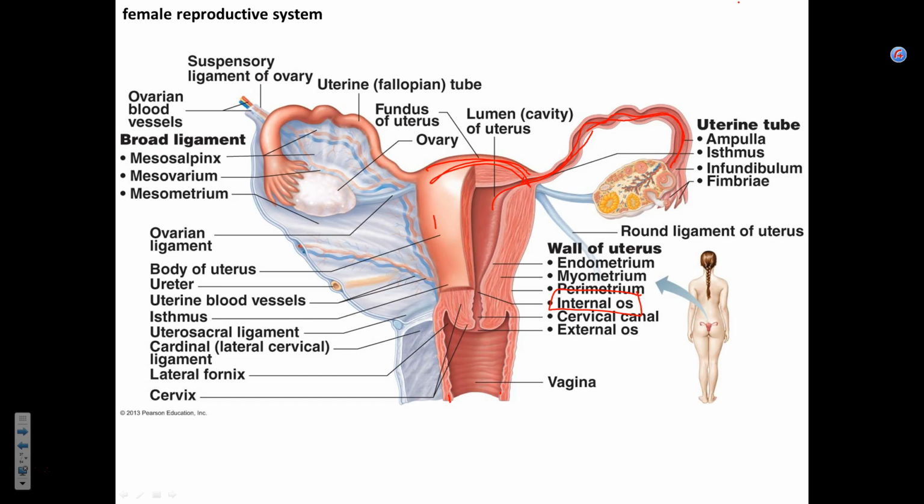Basically, whether it's an unfertilized oocyte or a fertilized ovum, they all end up in the uterus. If it's a fertilized ovum, it implants in the wall of the uterus and embryonic development ensues. If it's an unfertilized oocyte, it goes out with menses. Does that make sense?